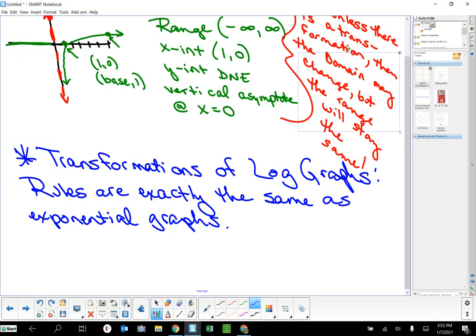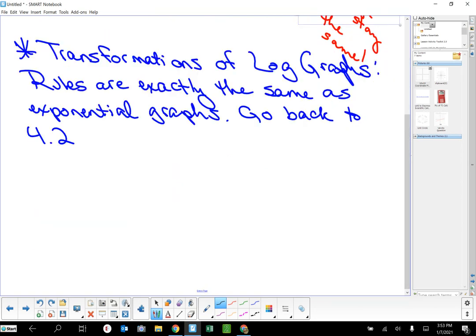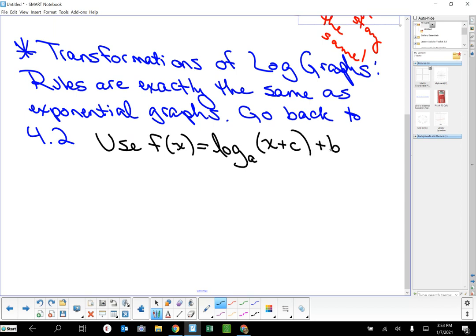That's just silly. I want you to go back to 4.2 where we listed those all out before. And here is the general statement that you're going to use. The function changes a little bit. We have f of x equals the log base a of x plus c, plus b.